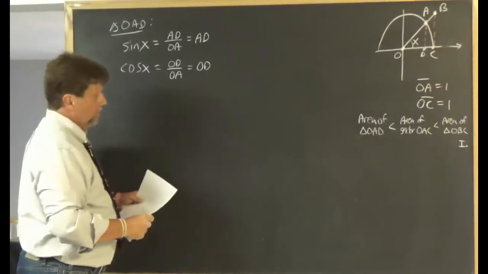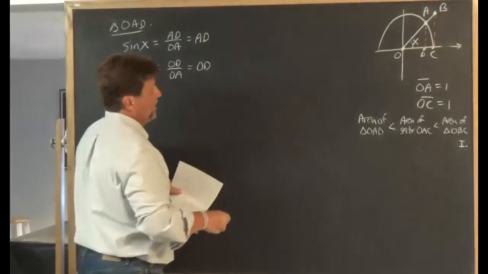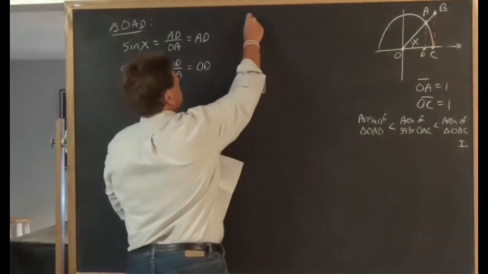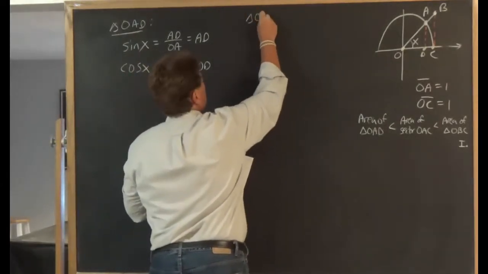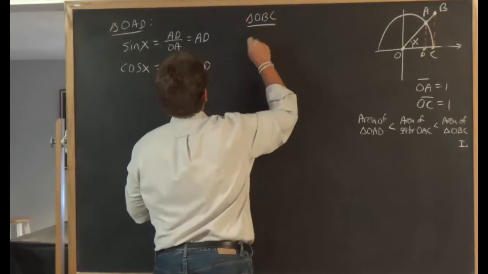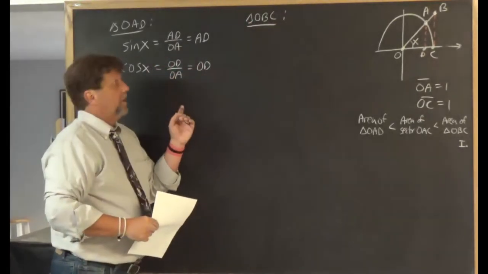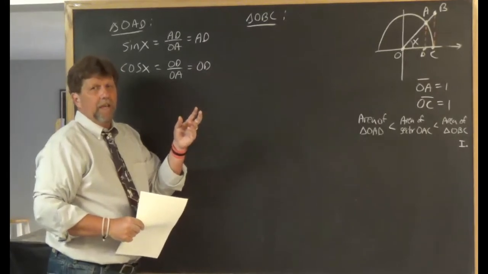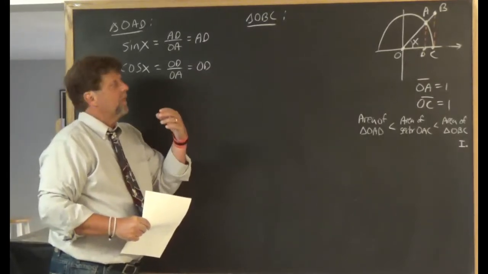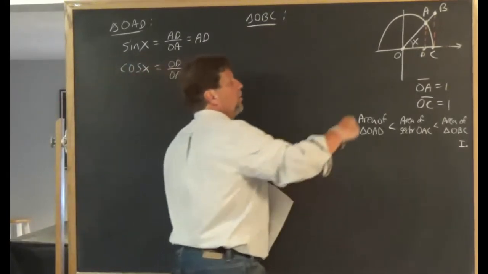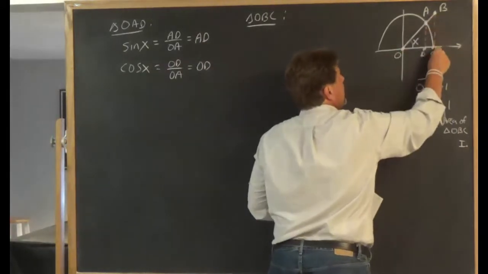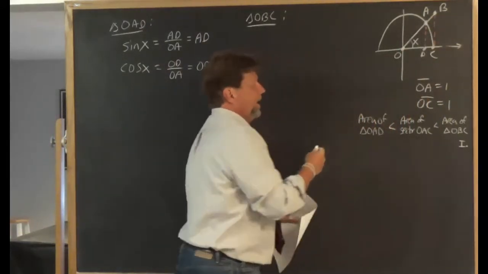So, how about looking at triangle OBC? We talked about sine, we talked about cosine, we haven't talked about tangent yet. I feel kind of bad for tangent. So in triangle OBC, again, that's a right triangle.